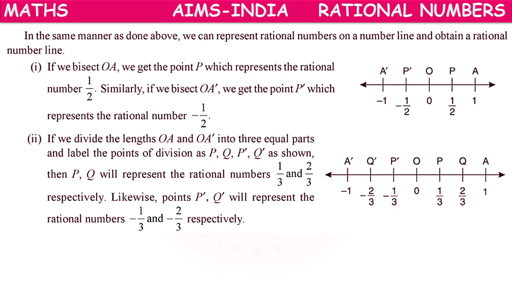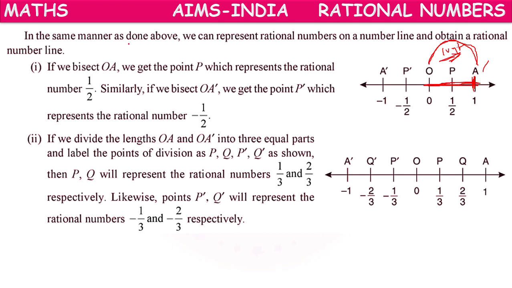So here, from the integer number line, on the integer number line, what we have done, at a distance of 1 unit to the right side of O, we have mentioned point A, where OA distance equals 1 unit.